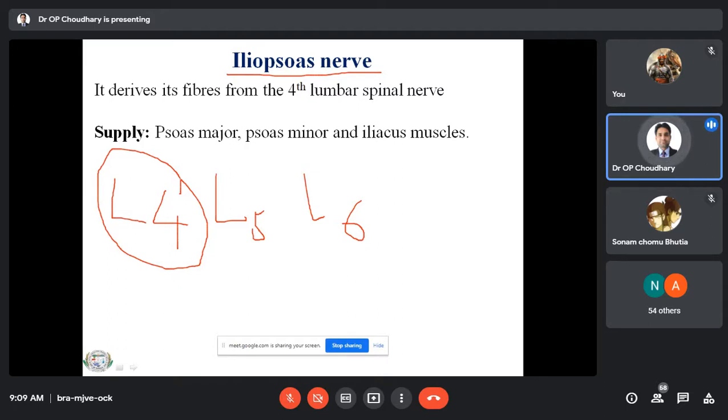So this is a very small nerve that originates from the anterior part of the lumbosacral plexus. An important thing is it arises its fibers from only L4, the fourth lumbar spinal nerve.